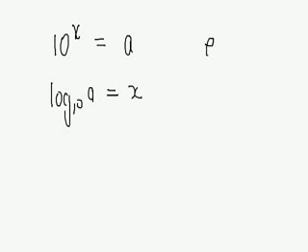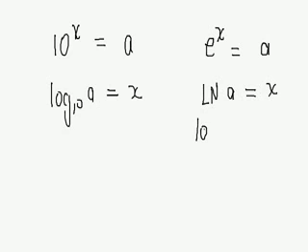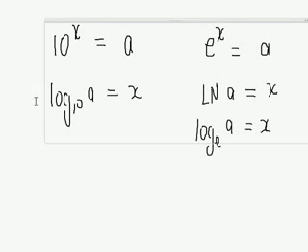And in the same way, if e to the x is equal to a, we're able to use ln of a equals x. This is again just to reinforce that it's equal to the same thing. So that's what we looked at in the previous two videos.